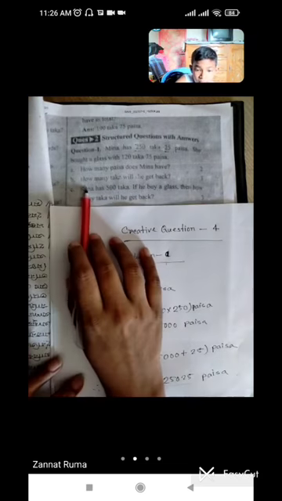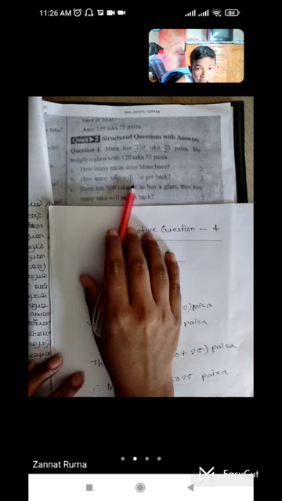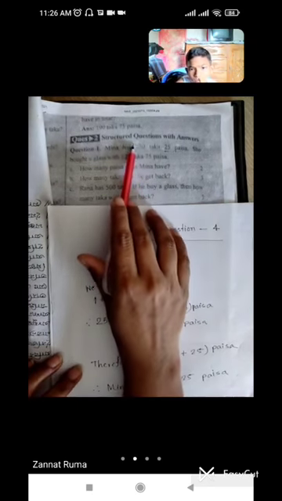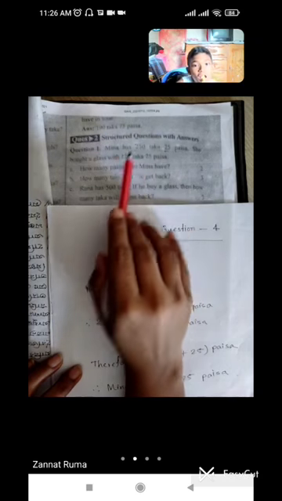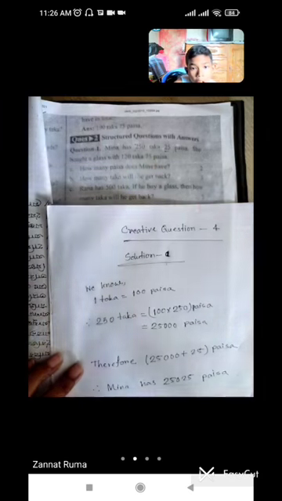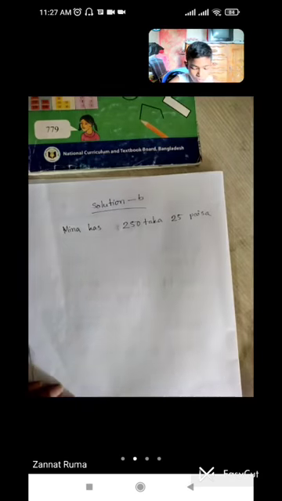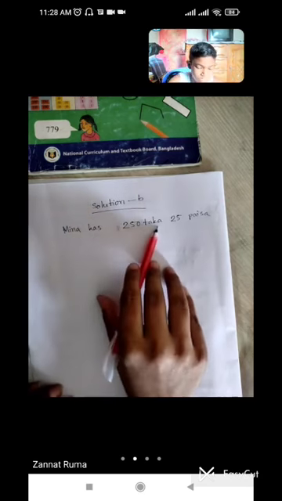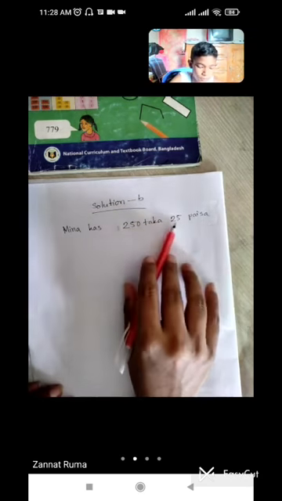Okay, number B. How many taka will she get back? So that means we need to subtract. Mina has this taka and we'll subtract the price of the glass. At first I will write how many taka Mina has, then we will subtract the price of the glass. So here Mina has 250 taka 25 paisa.